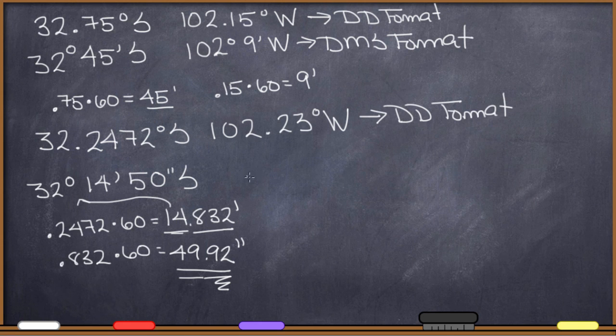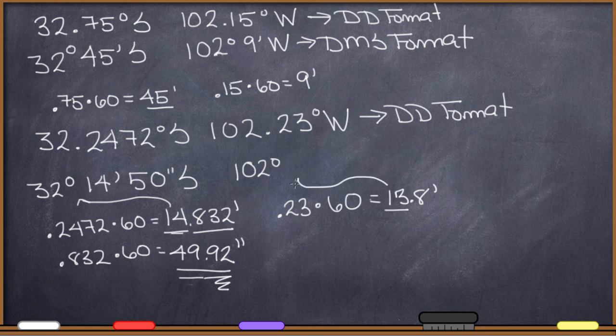Let's go ahead and repeat over here. I'm going to bring down my 102 degrees. I'm going to take 0.23, let's see what we get, times 60. And let's see what we get when we do that. 60 times 0.23 equals 13.8. And this is talking about our minutes. I'm going to take the whole number and move it up.